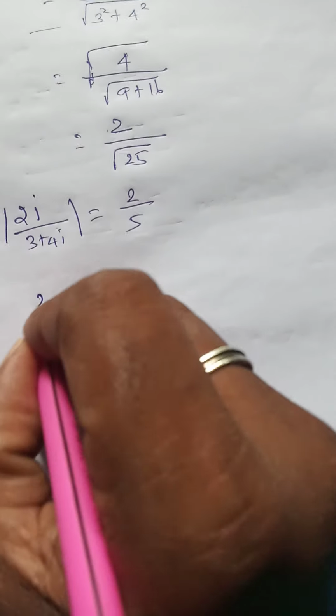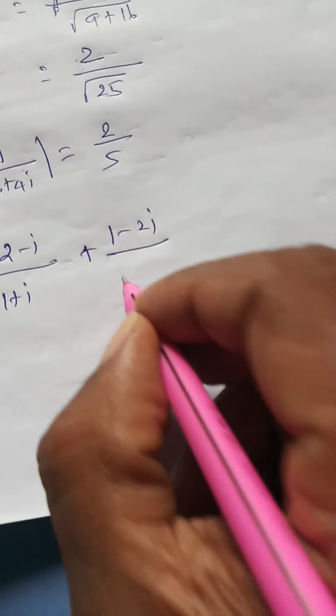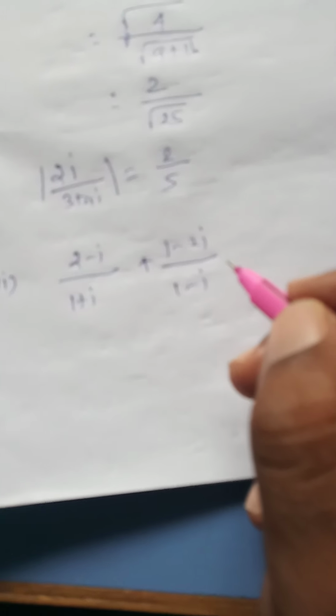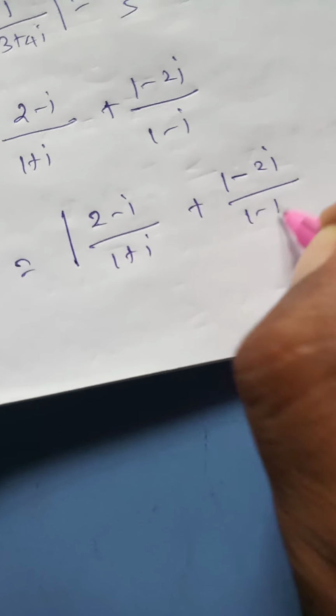Okay, that is the first subdivision. Then second subdivision: the modulus of 2 minus i divided by 1 plus i, plus 1 minus 2i divided by 1 minus i.